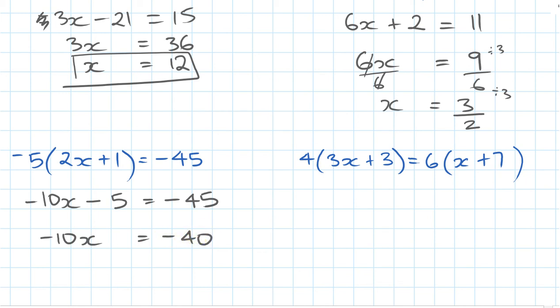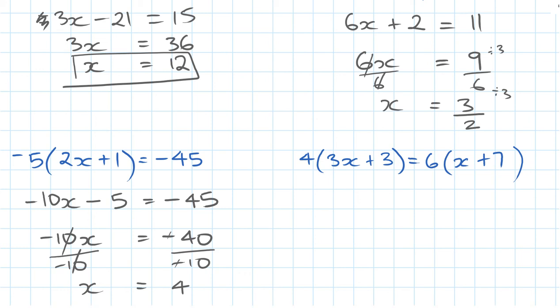So adding 5 to negative 45 gives us negative 40. And then dividing both sides by negative 10. Okay, those two cancel. We're left with x is equal to 4. So the negatives cancel each other out. Negative divided by a negative gives us a positive number. 40 divided by 10 is 4.